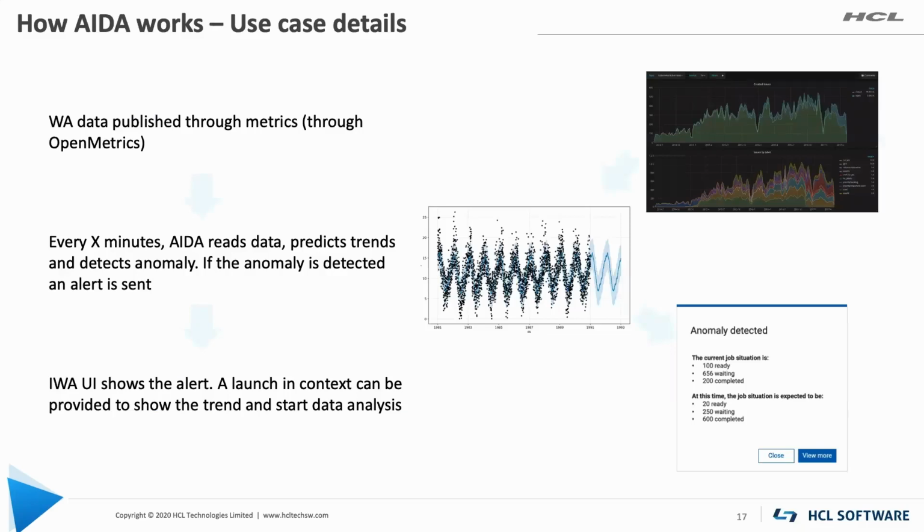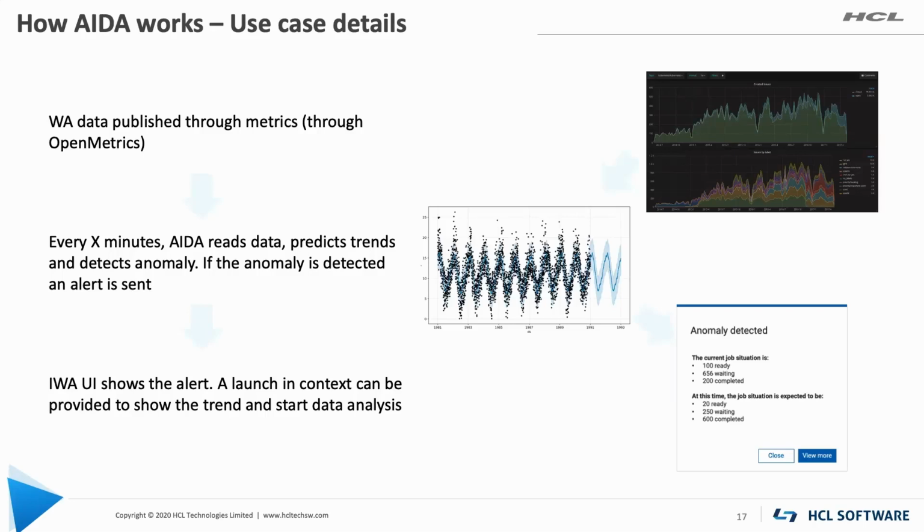So how this works is that workload automation data are published through open metrics, an open standard, and this AI data advisor component uses this data to predict trends and detect anomalies.